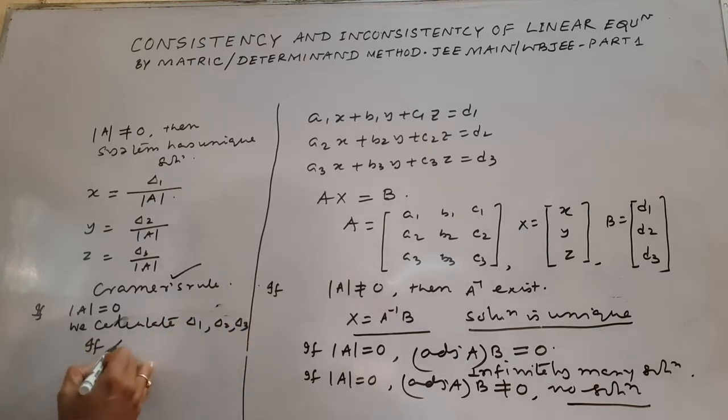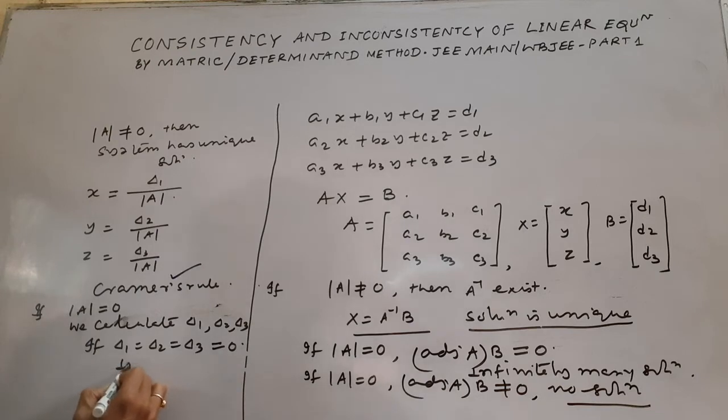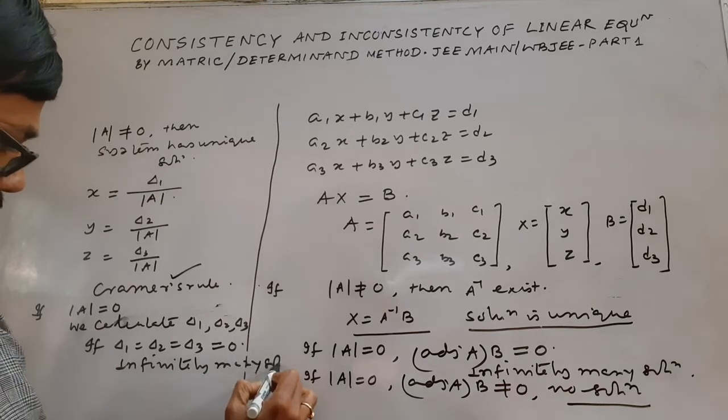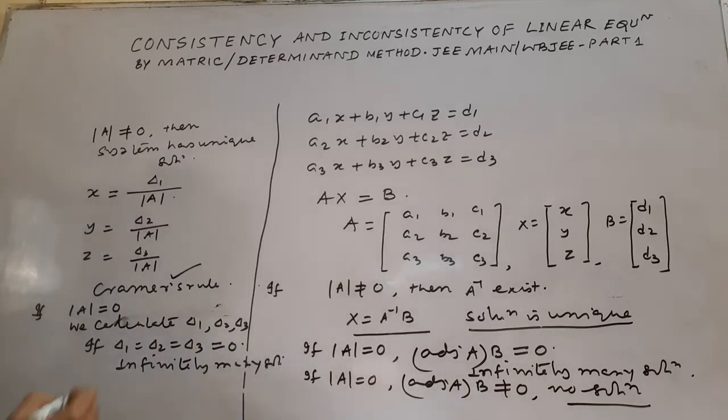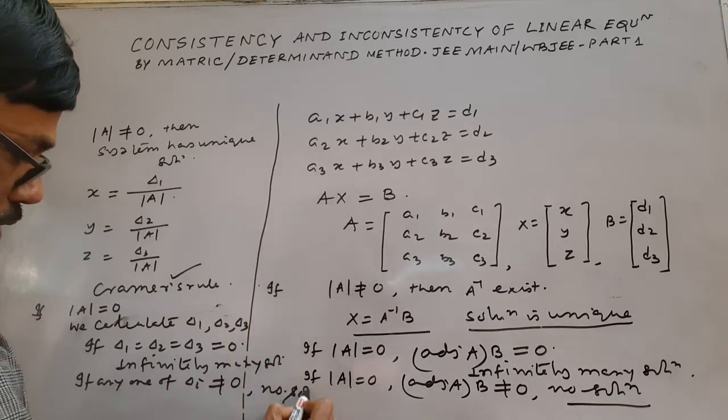If delta 1 equals delta 2 equals delta 3 equals 0, then infinitely many solutions. And if any one of delta i is not equal to 0, no solution.